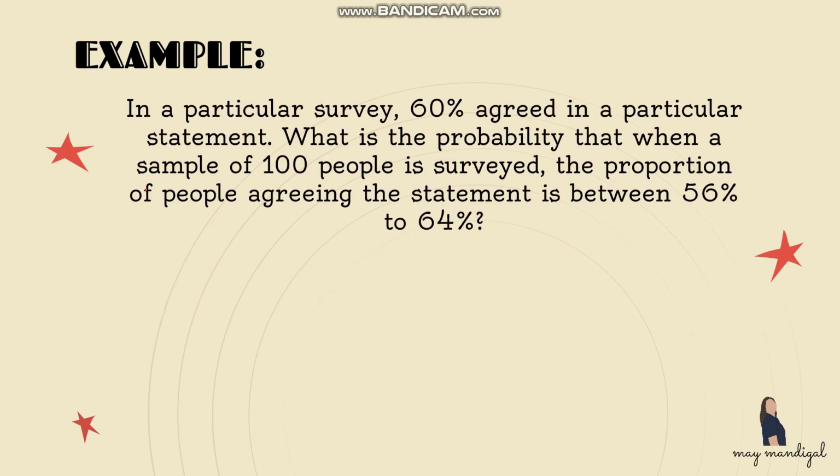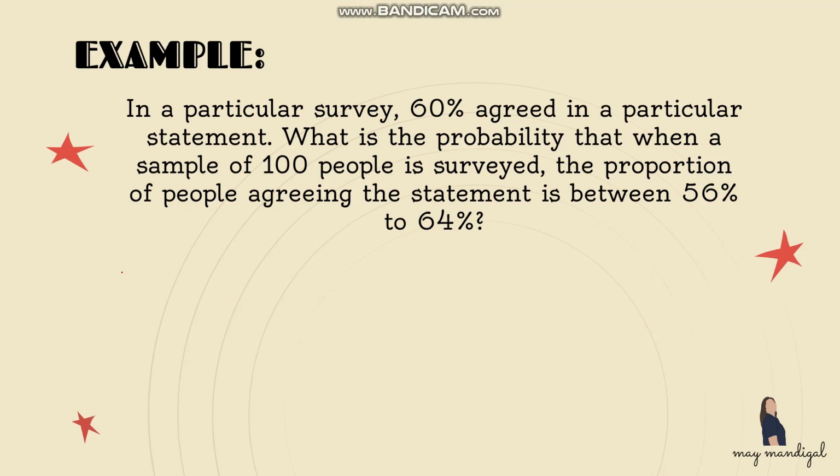And for our last example, in a particular survey, 60% agreed with a particular statement. What is the probability that when a sample of 100 people is surveyed, the proportion of people agreeing with the statement is between 56% to 64%? So again, the event of interest here is those who agreed with the statement, and the failure here is those who disagree.